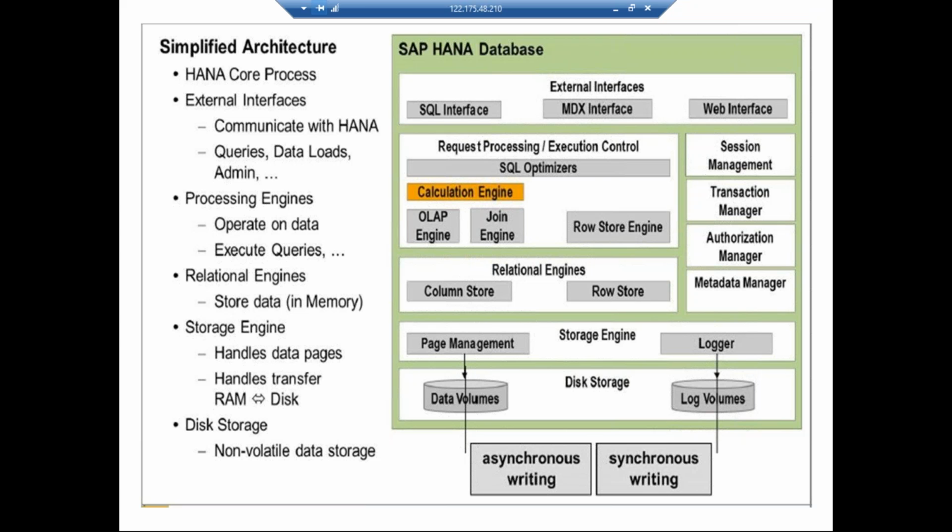Whenever you want to perform an activity in the HANA database, the first thing the system has to check is whether the user trying to perform that activity is authorized to perform it or not, because every single activity done in the database must be checked for that.